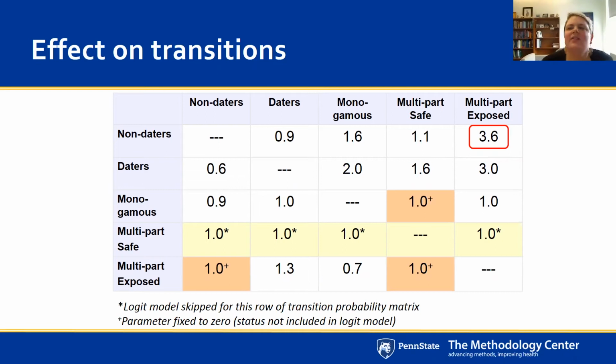Okay, and you can see the greatest effects. And I'm sorry, I'm saying marijuana use. I mean to say drunkenness. Right now we're looking at the effect of drunkenness. So non-daters who report drunkenness are 3.6 times more likely to make that transition into the very high risk latent status compared to staying non-daters.